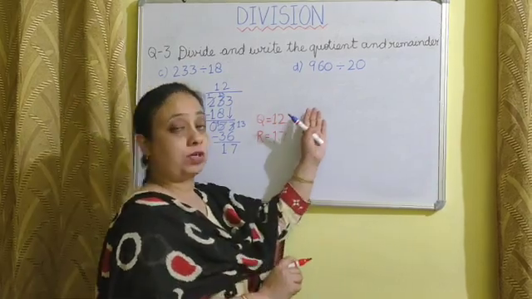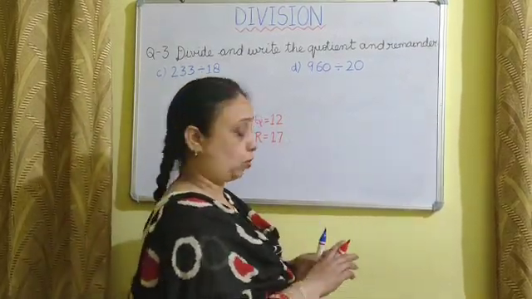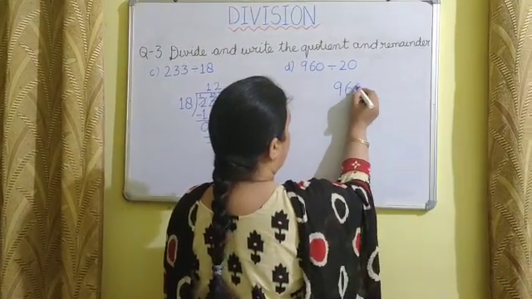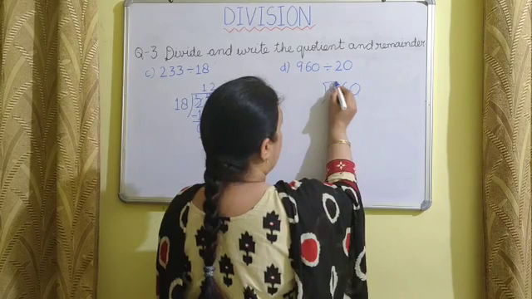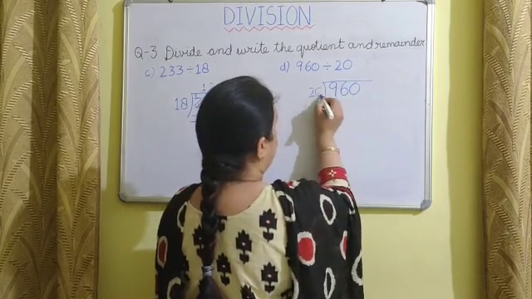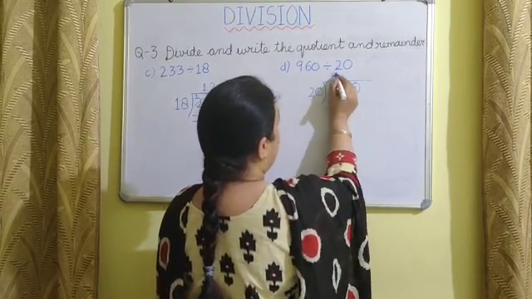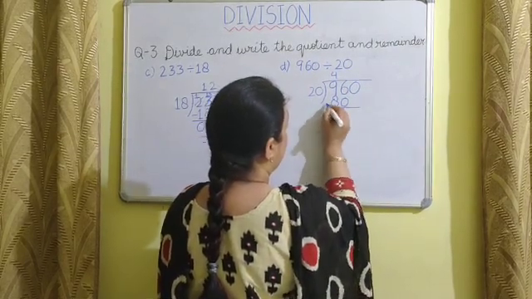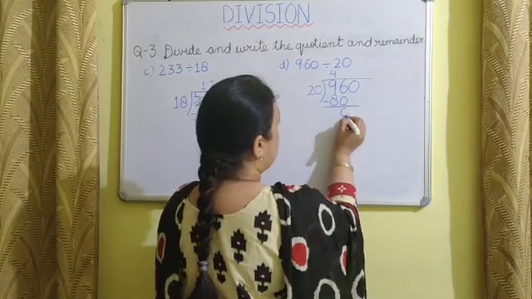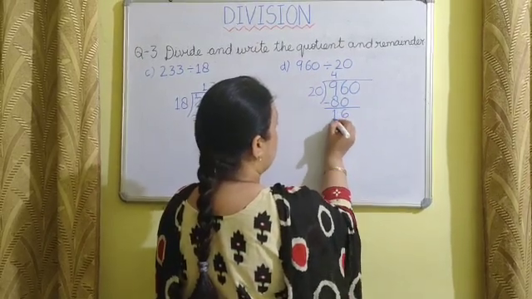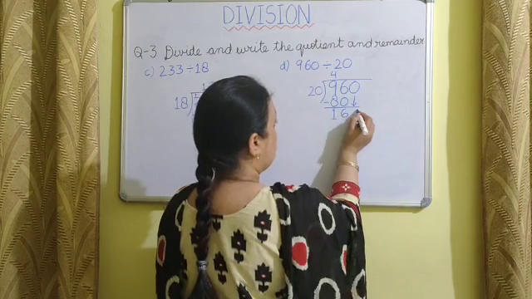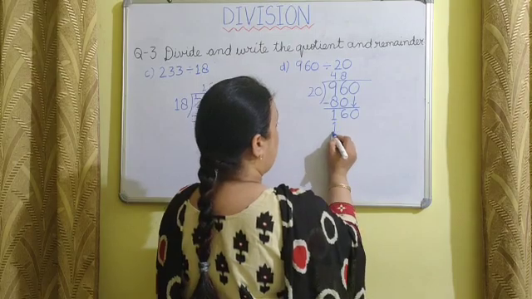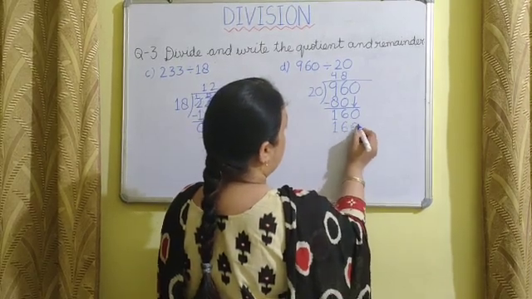Now next we are going to divide 960 by 20. 960 divided by 20. 20 fours are 80, because 20 fives are 100, which is greater than 96. 6 minus 0 is 6 and 9 minus 8 is 1. Copy down this 0 here. 20 eights are 160.